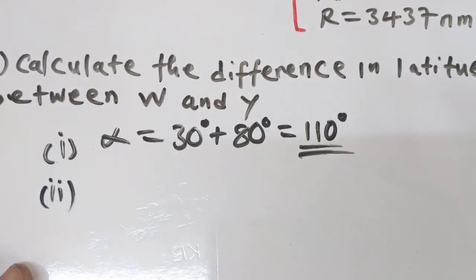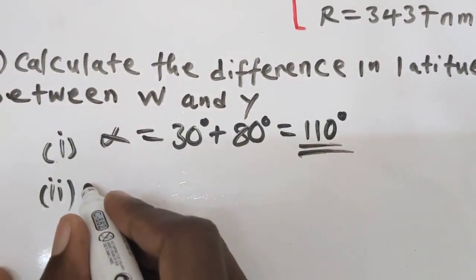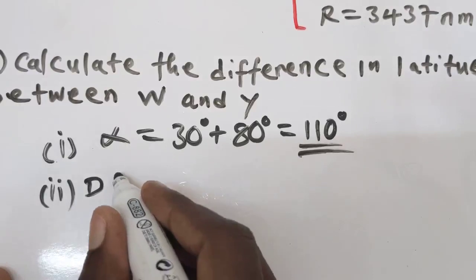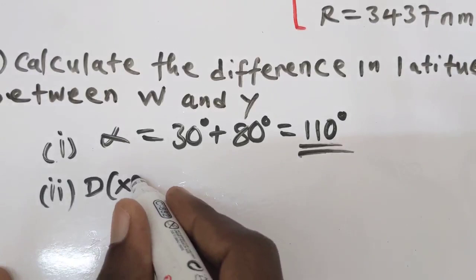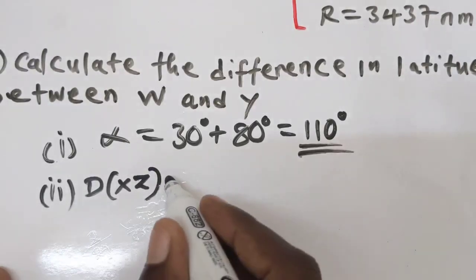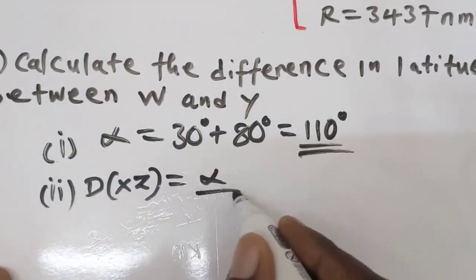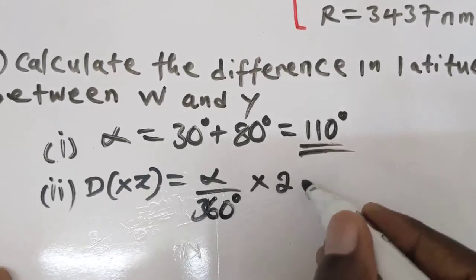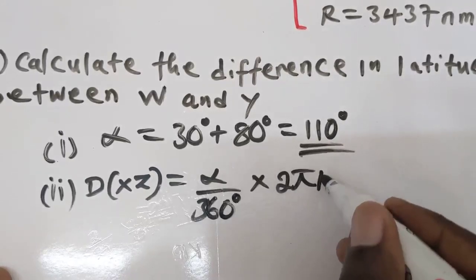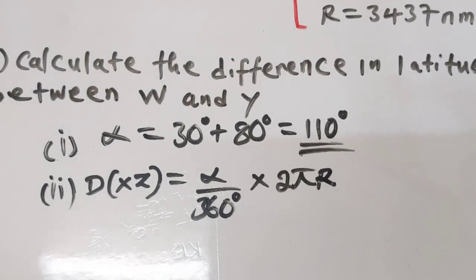It is saying calculate the distance in nautical miles between X and Z. So the distance between X and Z is equal to, we said the formula is alpha over 360 degrees multiplied by 2 pi capital R. That is the formula that we learned to use.